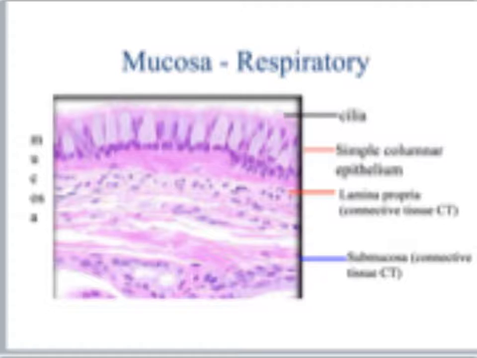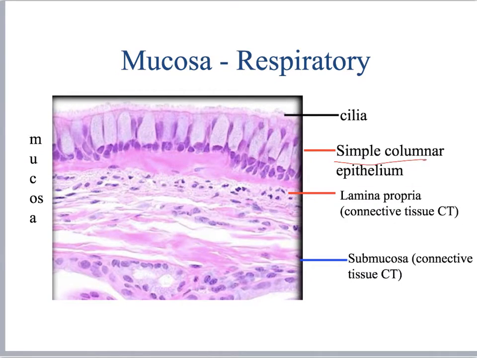Next slide. All right, so we've actually already seen a lot of photomicrographs of mucosas. They are a very common thing for us to look at. Here is another example that we're looking at, and this is a part of the respiratory membrane. So this is kind of deep in your lungs because we're dealing with simple columnar epithelium.